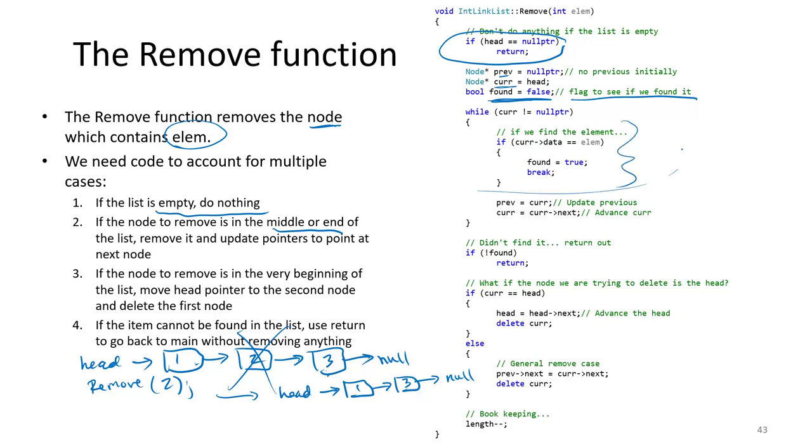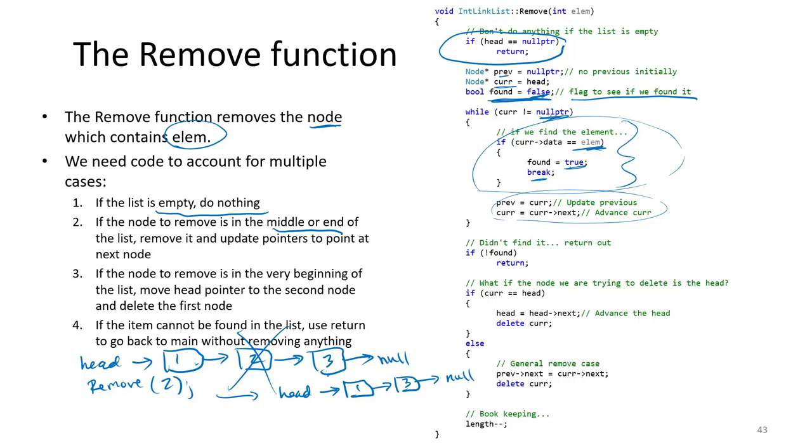If we find the value we want to remove, we make our flag variable true and we exit our loop. If we do not find the element we're trying to remove, we advance our pointers and check the next node until we reach null or find the value.